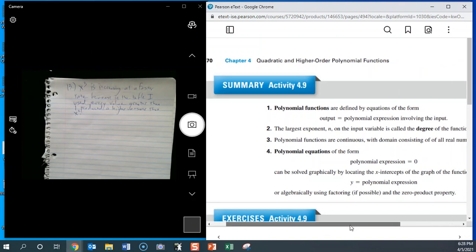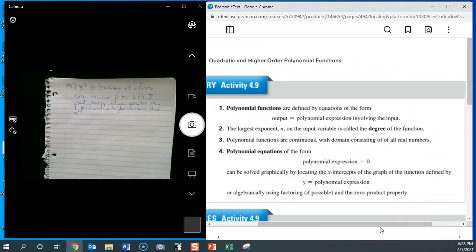All right, I want us to take a look at page 470, at the summary. Now, polynomial functions are defined by equations of the form output equals polynomial expression involving the input. Number 2, the largest exponent n on the input variable is called the degree of the function. Number 3, polynomial functions are continuous with domain consisting of all real numbers.